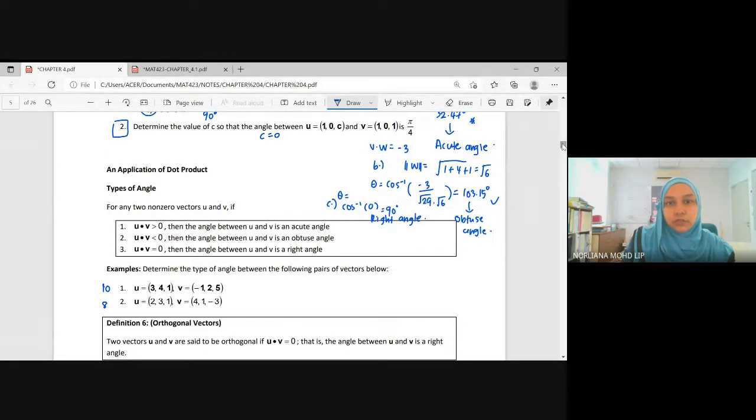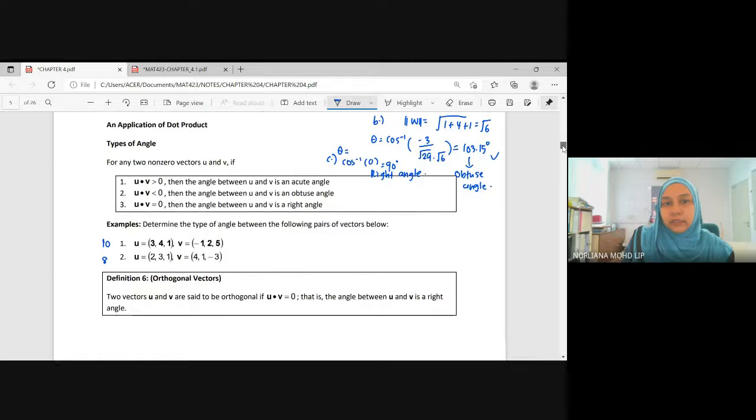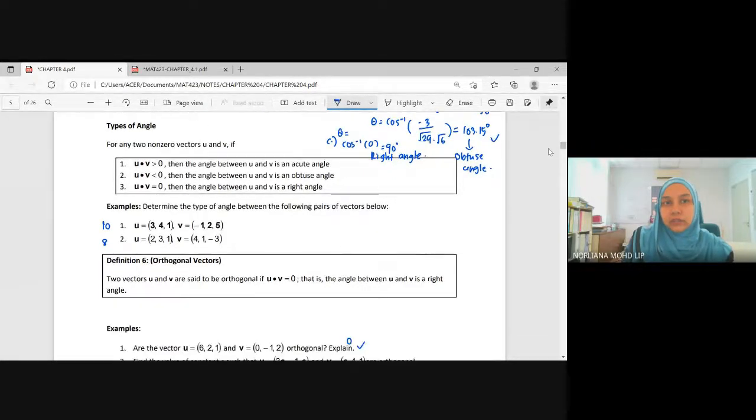Okay, kita tengok contoh yang tadi tu untuk ni. To determine the types of angle between two vector, using dot product, without calculate the angle between two vector. We just calculate the dot product between these two vector.